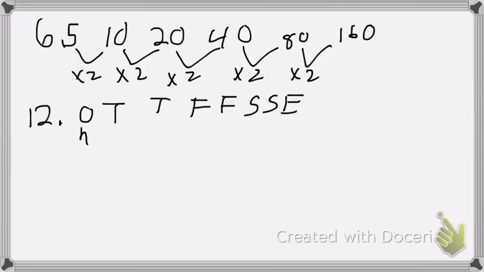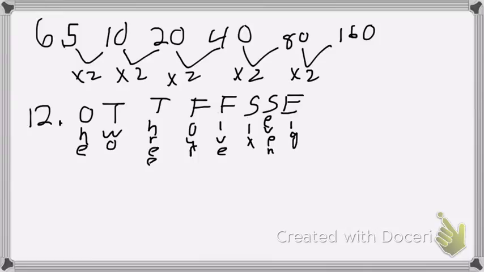So if we go 1, 2, 3, 4, 5, 6, 7, 8. So then our next two are going to be N and T for 9 and 10. Hope that makes sense.